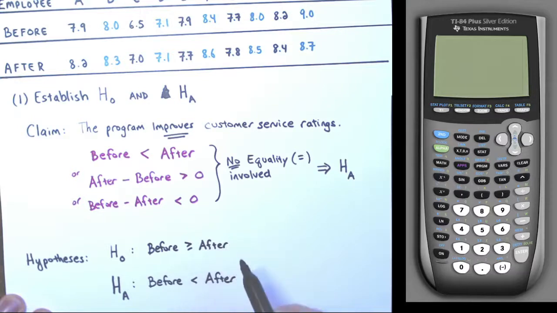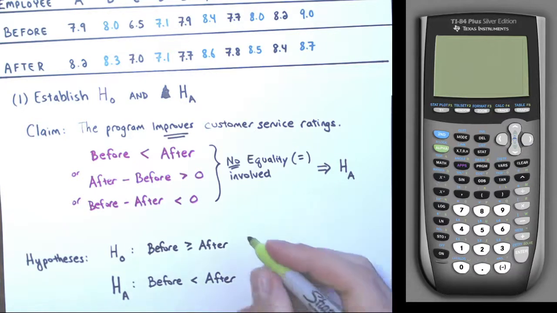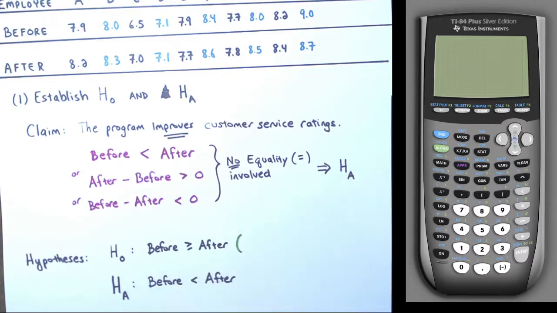Now you might see it written this way, but in most texts that I've seen, they'll use just the equal sign, because we're going to be assuming the equality, that the before scores and the after scores are the same. And this would mean that the training program has really no effect.